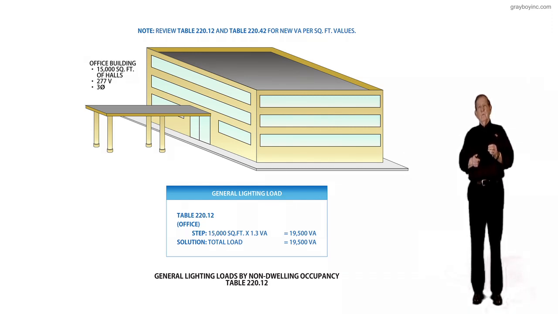There's a note below the table that refers you to retail occupancies, where a store and an office would fall now. So you can see that there have been some big changes made to Table 220.12. The VA values are no longer a greater rating. They're lesser ratings in many cases when you look at the table.